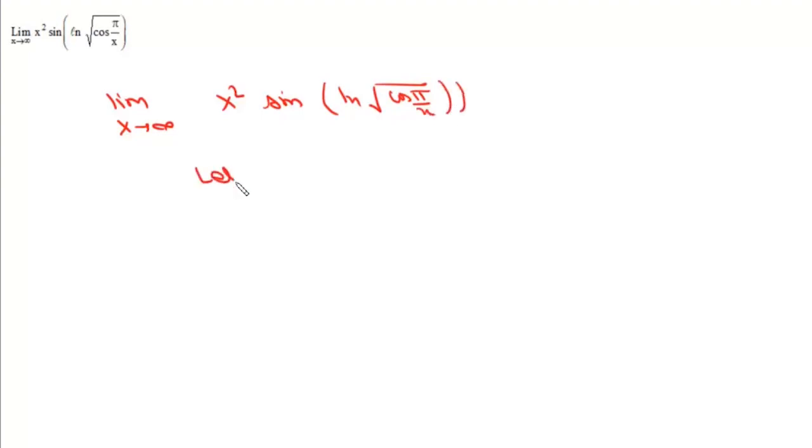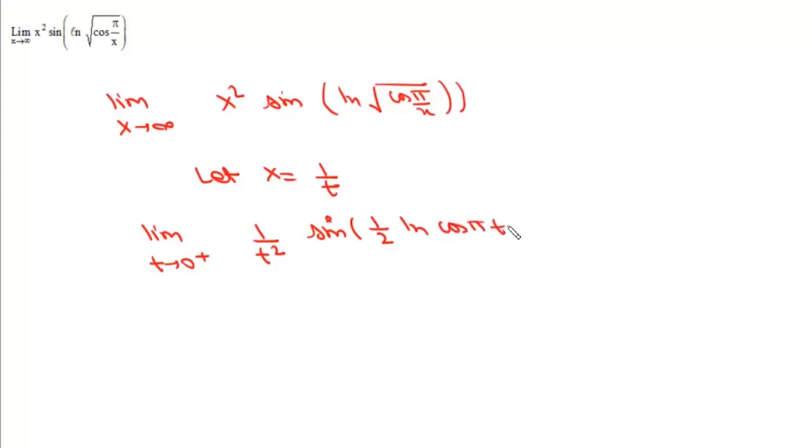Now what we'll do is we'll let x as 1/t, so it will be this limit t tends to 0 positive, and then it will be 1/t² sin, we'll take this power out, so it will be this 1/2 log cos(πt). Now if we put t as 0, cos 0 is 1, log 1 is 0, so it will be this sin 0, which is 0 upon 0 form.